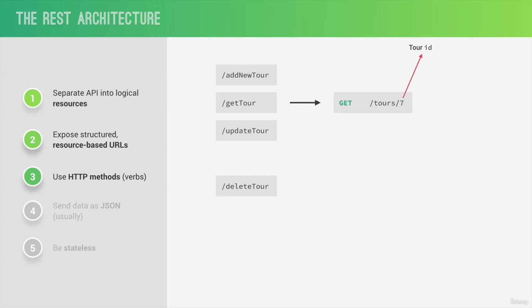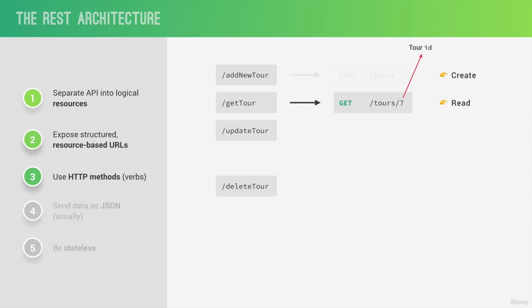Later, I will show you how easy it is to actually implement this kind of logic with Express, because this is actually where Express really shines. So, the first HTTP method or verb that we can respond to is get, and it's used to perform the read operation on data.